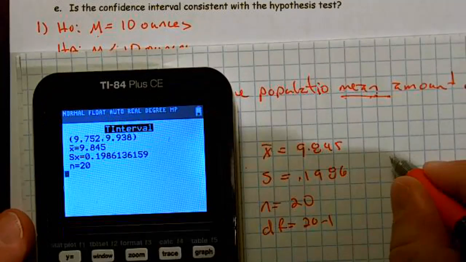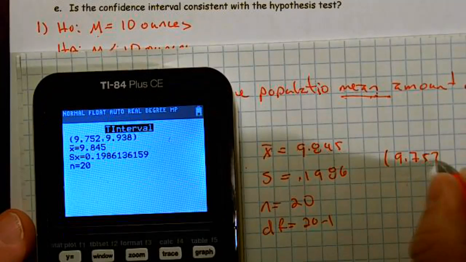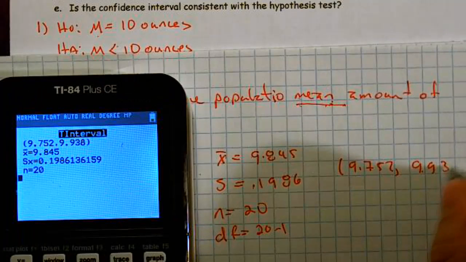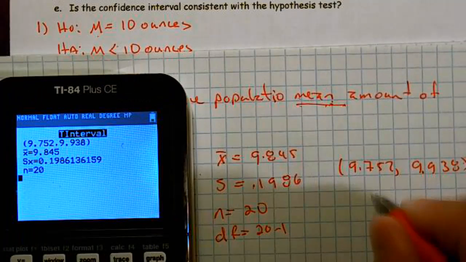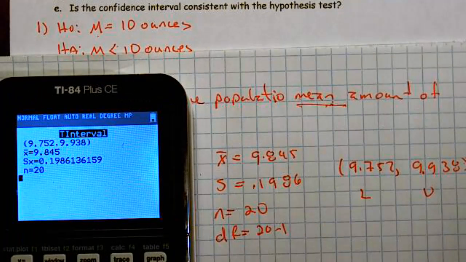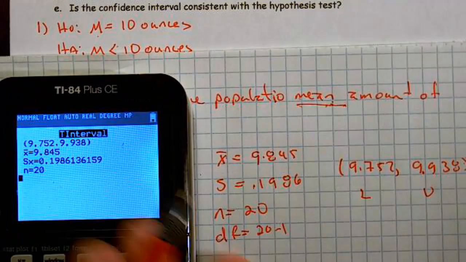And then it also gives me my interval size, which is 9.752 to 9.938. So this is my lower bound, and this is my upper bound. All right, so there's my lower bound and upper bound of my interval. We'll come back to that in a moment.